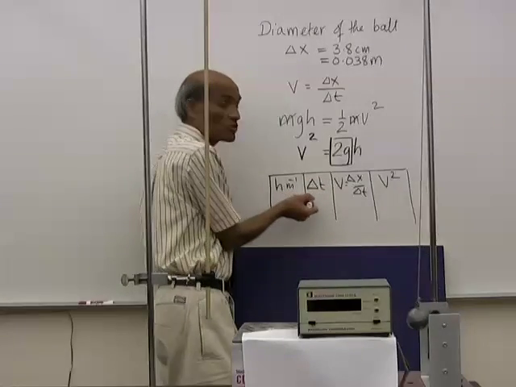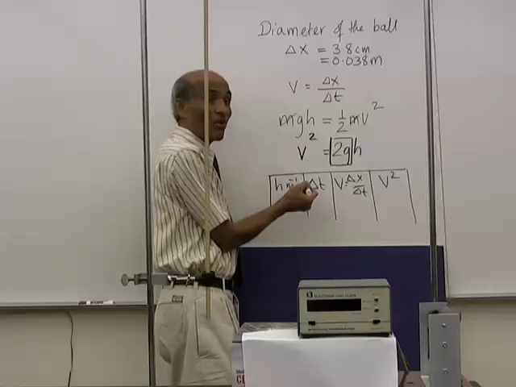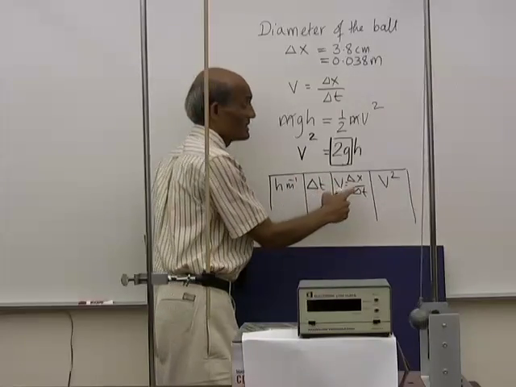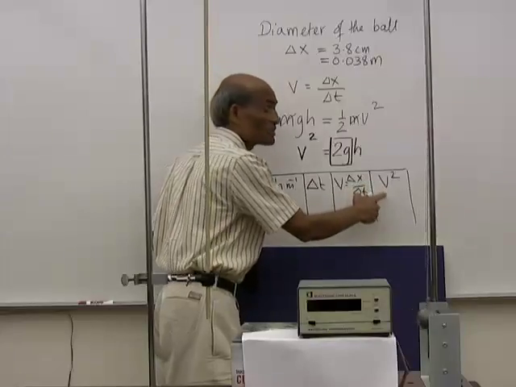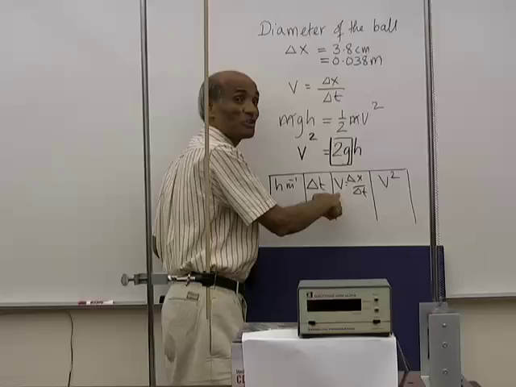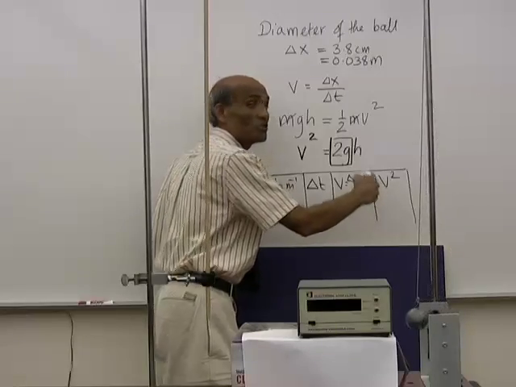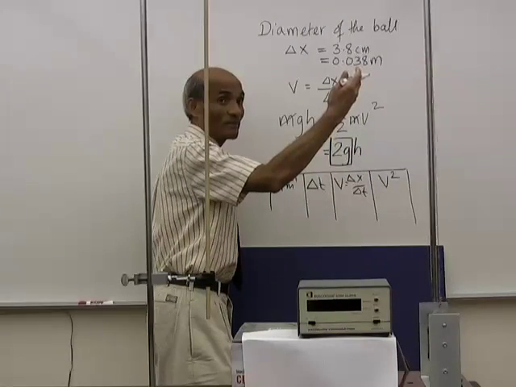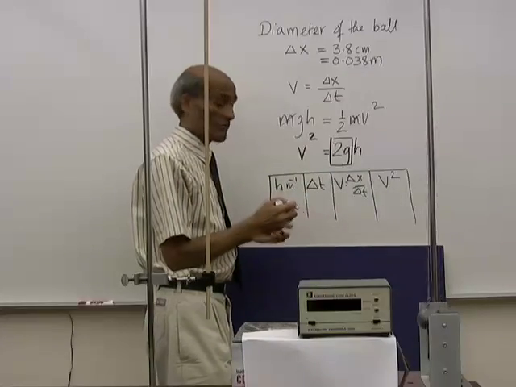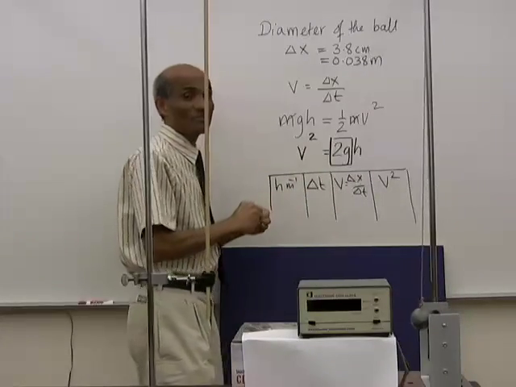Now when you write these quantities, I want to see all the proper units. Delta t, what's the unit? V, what's the unit? What is the unit of V squared? Well, if you know the unit of V, you know the unit of V squared. All right, so make your tables and plot your graph, obtain the value of G.